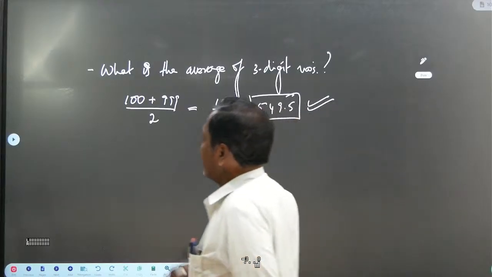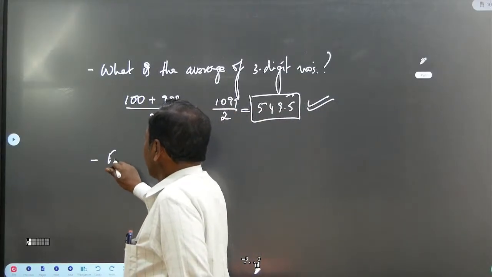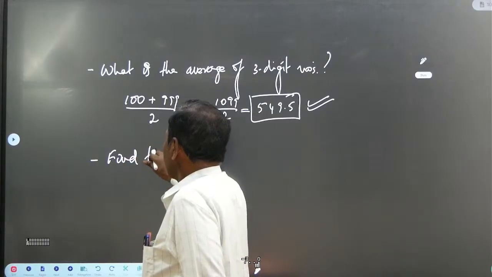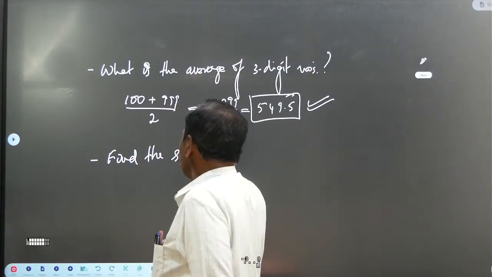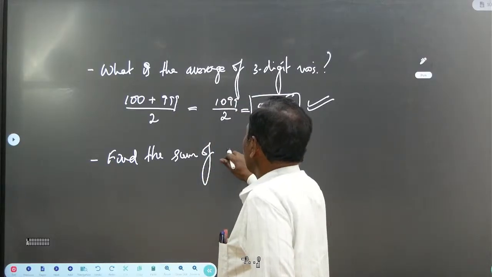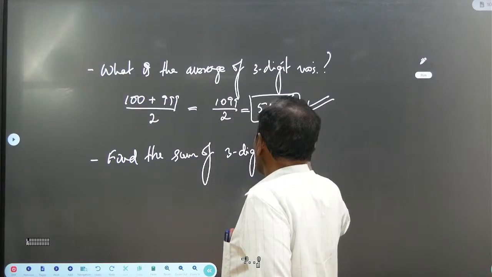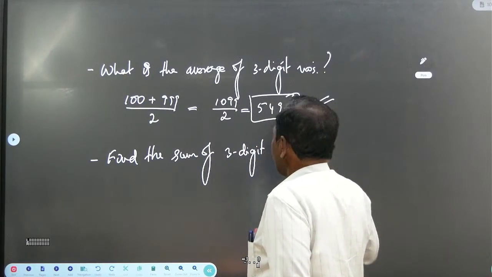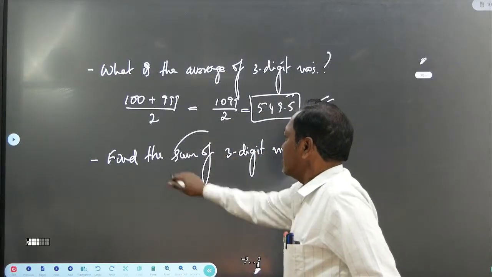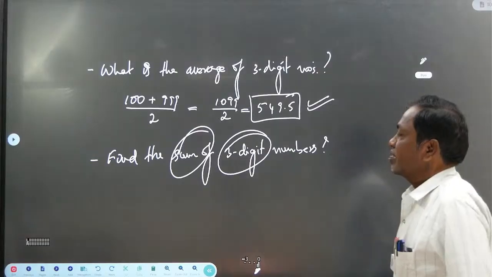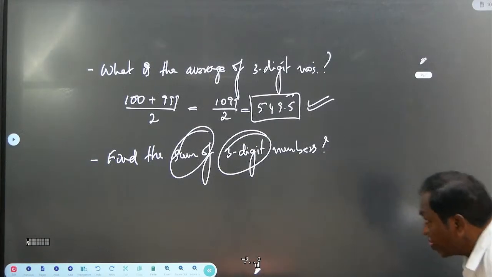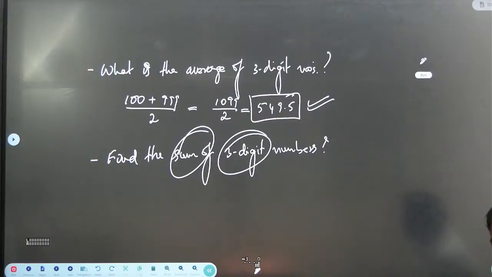Now find the sum of 3-digit numbers. That is average multiplied by number of observations.